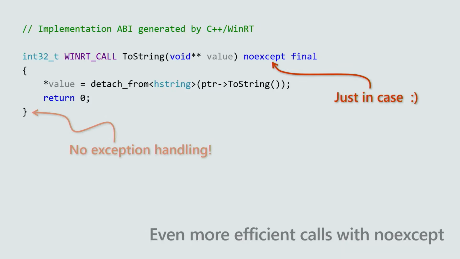And as always, we make sure that the noexcept keyword is on the implementation, such that if you happen to have a bad implementation, a bug of any kind, and it happens to throw an exception, we'll still terminate the application according to the C++ standard, and you can very easily diagnose that and fix your implementation. However, if your implementation is non-exceptional, you get the best possible code gen that you could imagine.